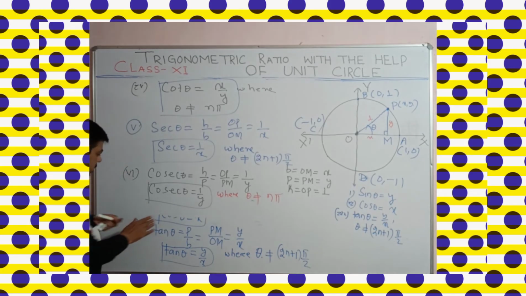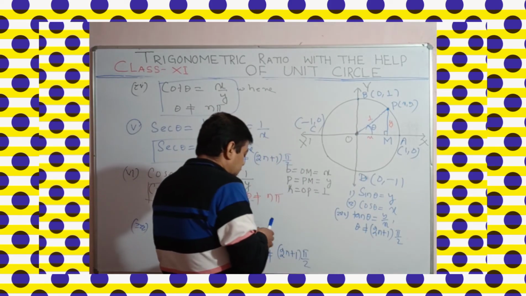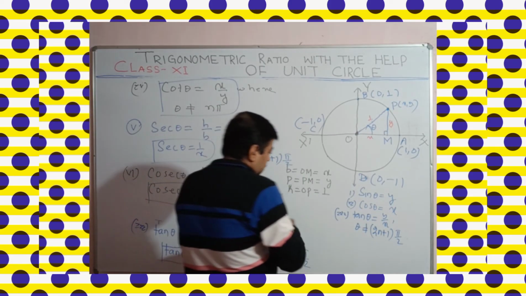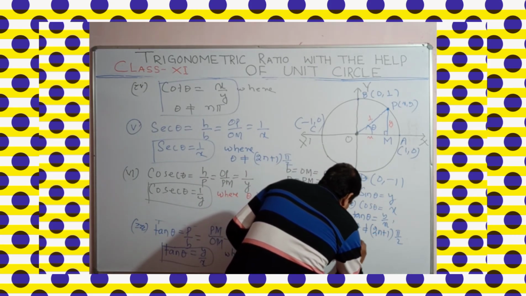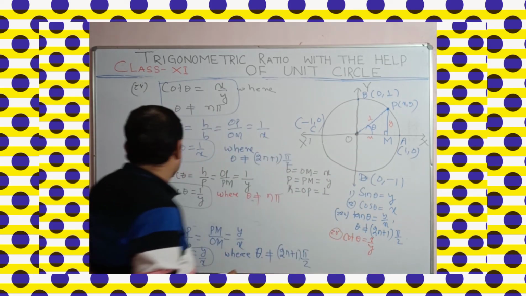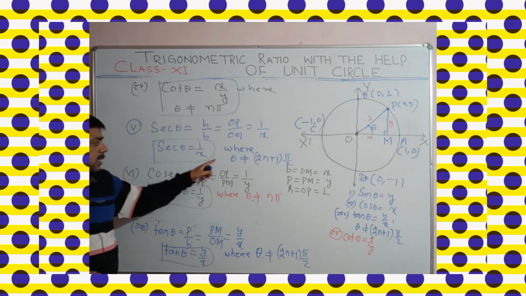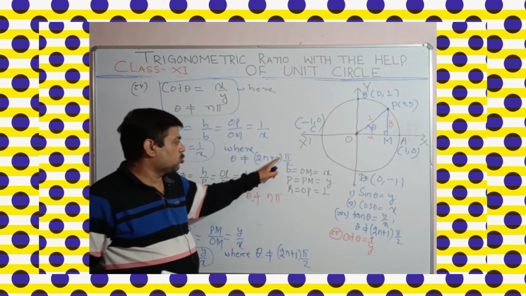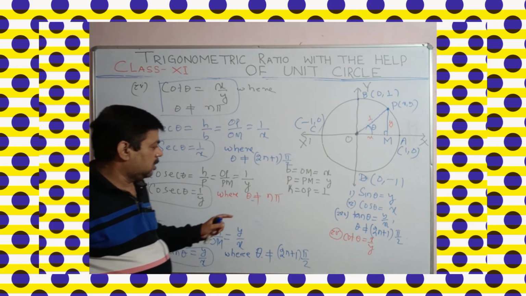This is how we got the six trigonometric ratios with the help of the unit circle. Is it clear, all of you? Now let us rewrite here. So tan theta is y by x, and we got cot theta as x by y, and now the fifth point, sec theta is 1 by x, where theta is not equal to (2n plus 1) pi by 2, and cosec theta is 1 upon y, where theta is not equal to n pi.